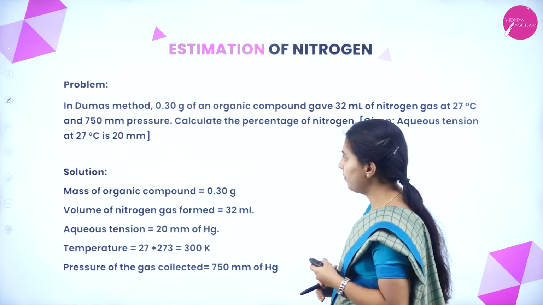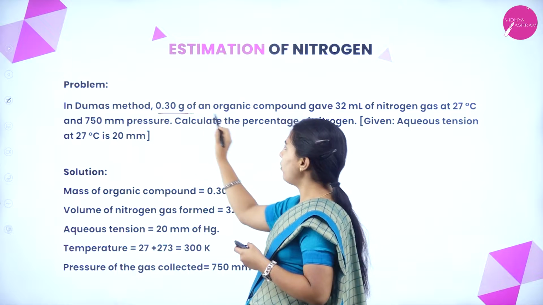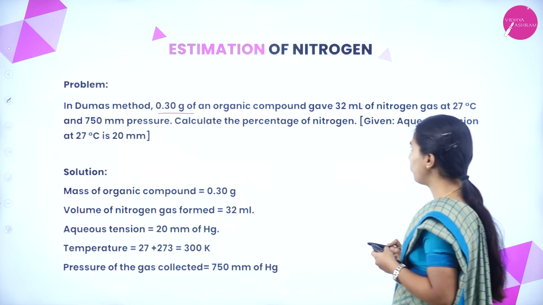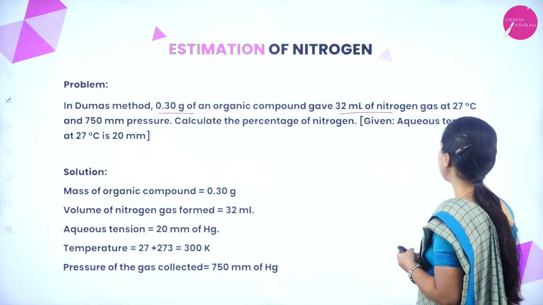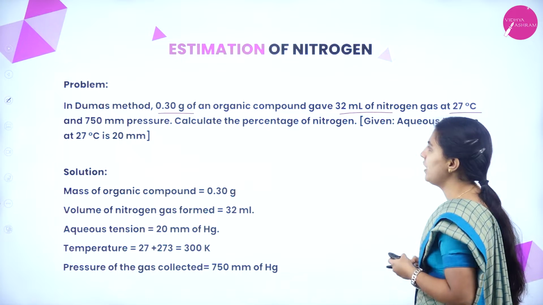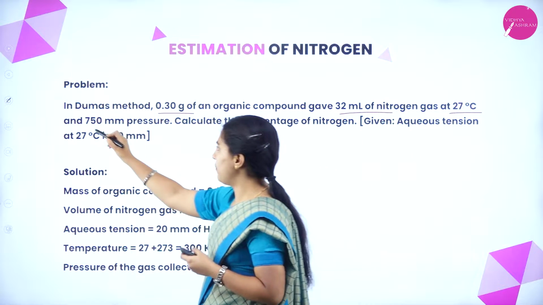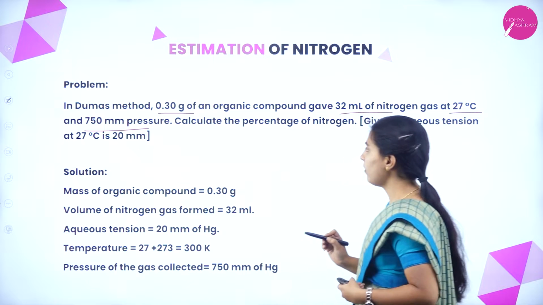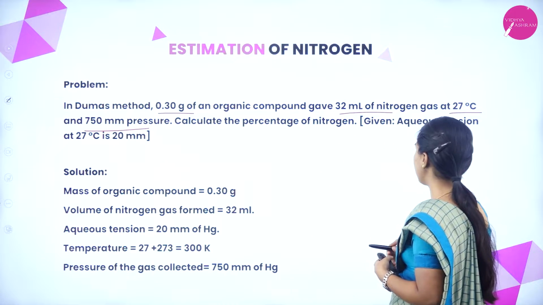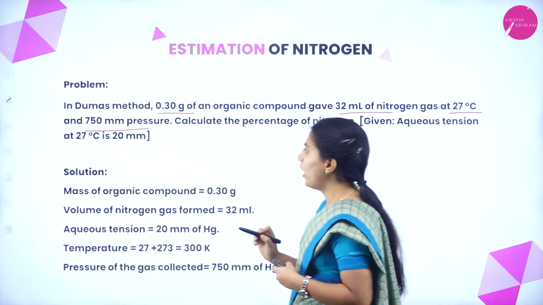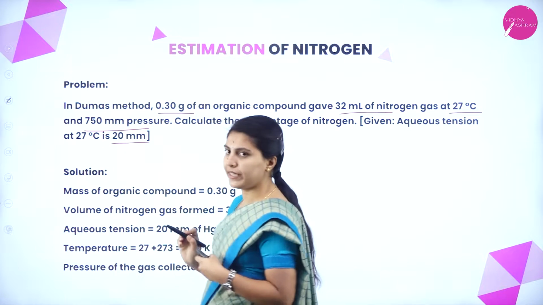Now we'll see the problem. In Dumas method, 0.30 gram of an organic compound gave 32 ml of nitrogen gas at 27 degrees Celsius and 750 mm of pressure. Calculate the percentage of nitrogen. Given aqueous tension at 27 degrees Celsius is 20 mm.